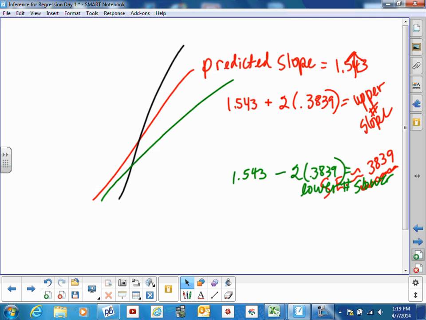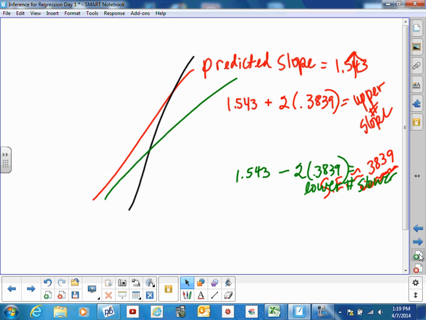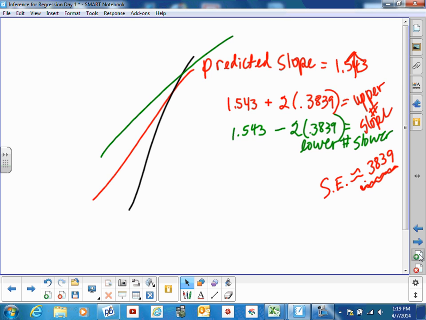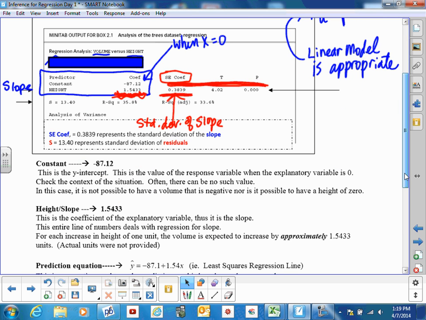It could be this steep. Now, where it's pinpointed, like where it's angling off of, I don't know. That would be different y-intercepts and stuff. But I could have a steeper slope or less steep slope, and this is a guideline of your threshold of changes that can happen. That is what this does for you.